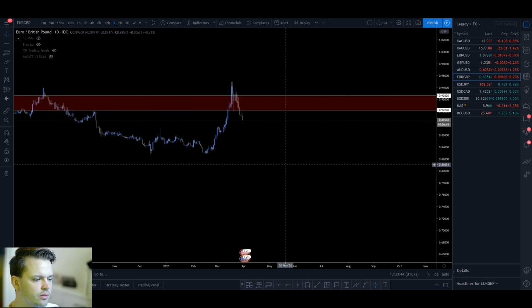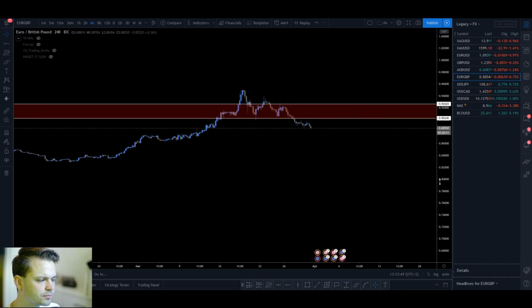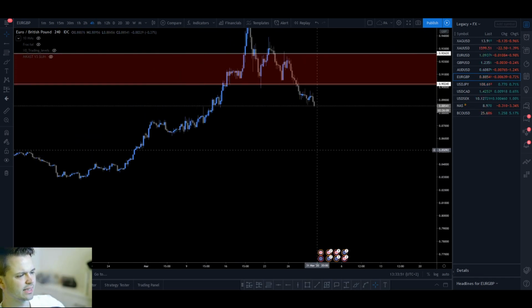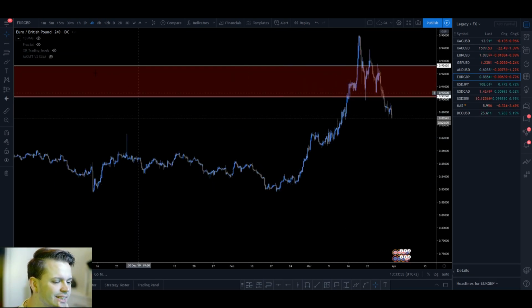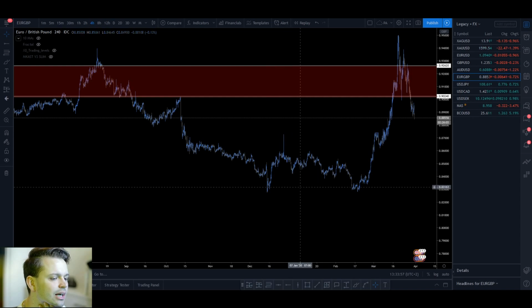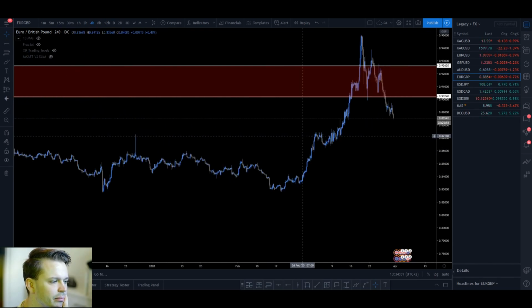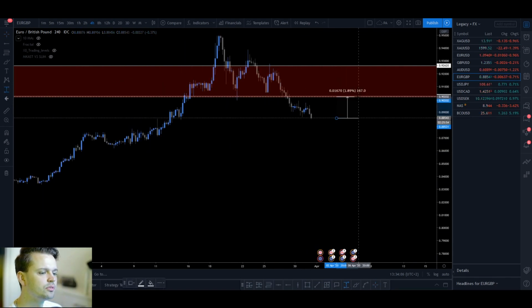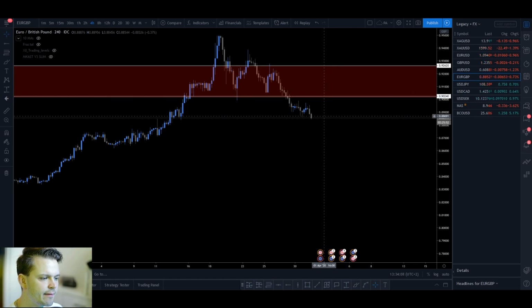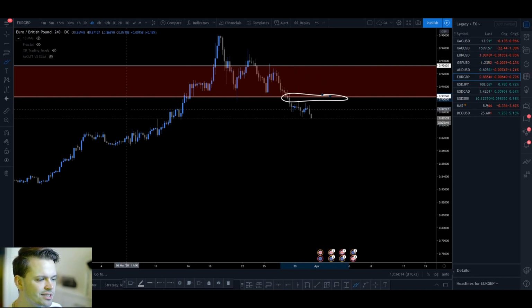Yeah, this one isn't really super clear. I'm not really liking this one. But if we say we move, this could be a good area to short, but I'm not really seeing much on this one.